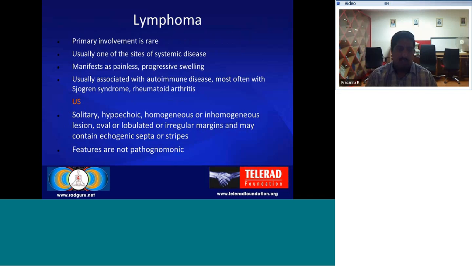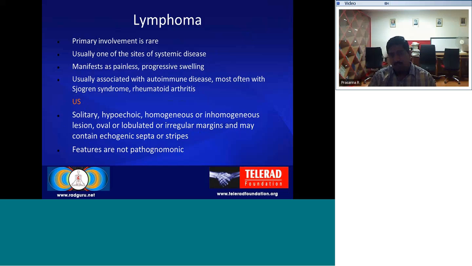On ultrasound, typically it's a solitary hypoechoic, homogeneous or inhomogeneous lesion, which can have lobulated or irregular margins and has echogenic septa stripes within. But we should know that the features are not pathognomonic.